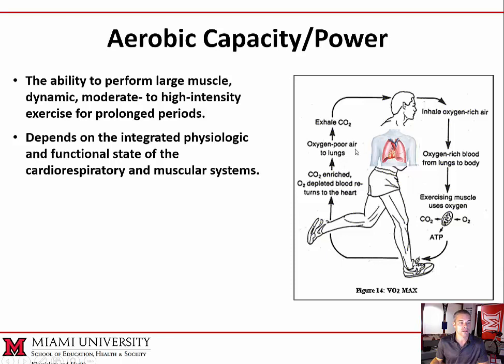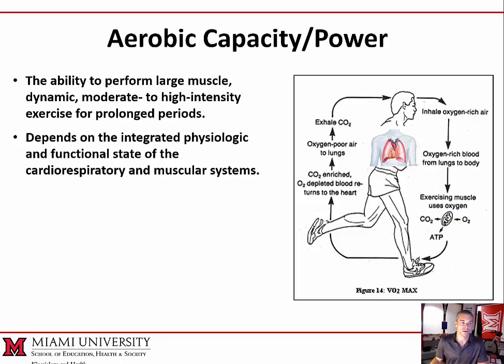So within the lungs here, this oxygen-poor air that's CO2 enriched, we have basically diffusion again of CO2 out of the blood into the lungs, and then exhalation of that CO2, and simultaneously we have diffusion of O2 from the lungs back to the blood.